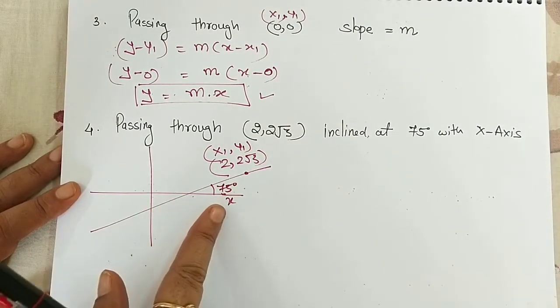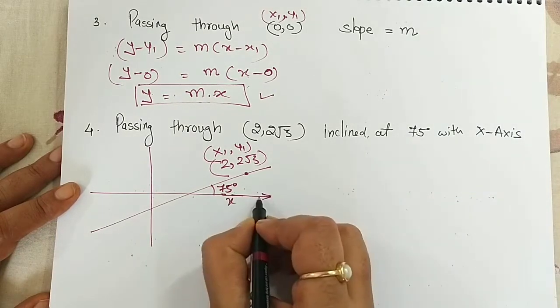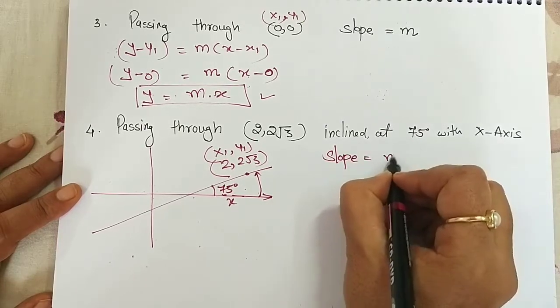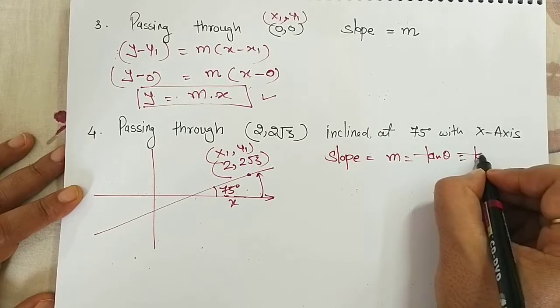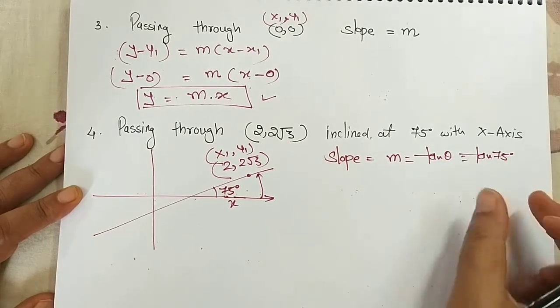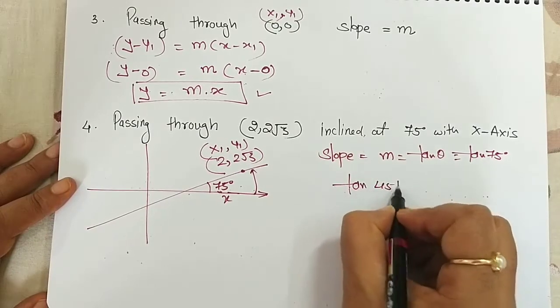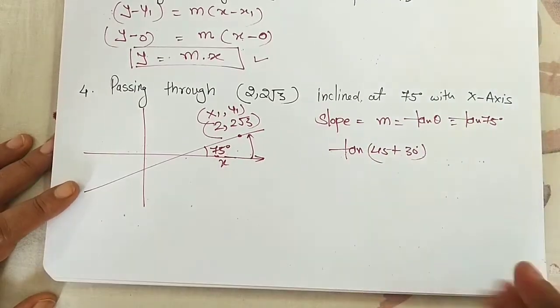From theta, what can I find out? This is the angle with the x-axis, so clearly I can calculate the slope m, which is tan theta. So here it will be tan 75. But I don't know what tan 75 is, so let me calculate. Can I write 45 plus 30? 75 is 45 plus 30.